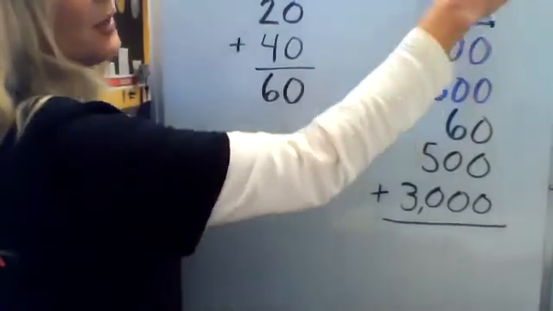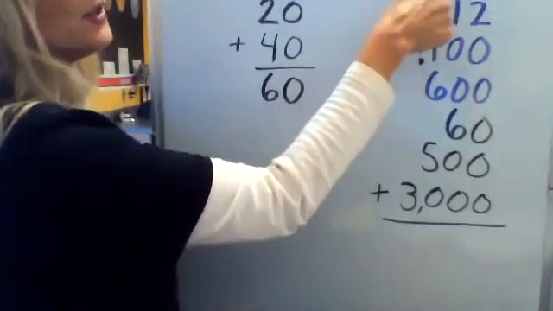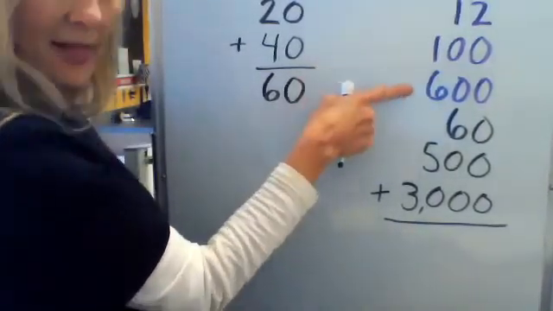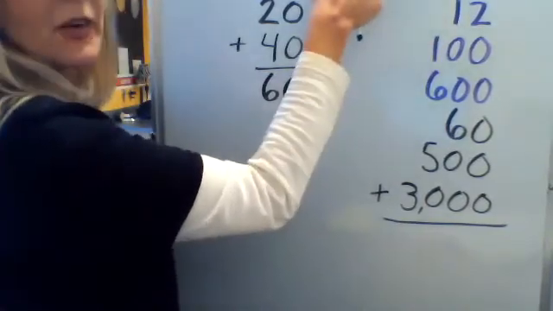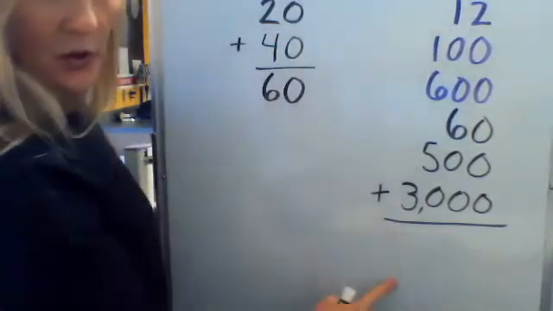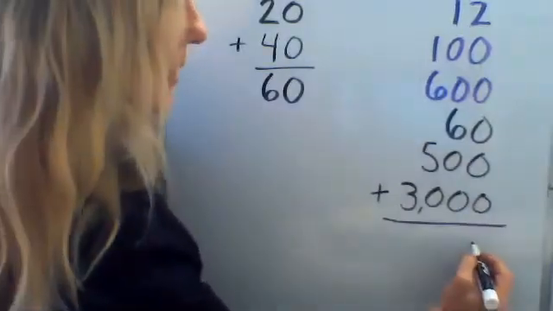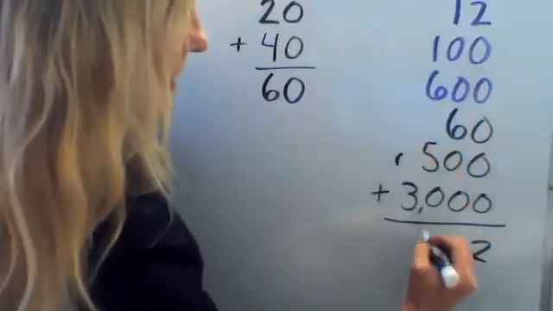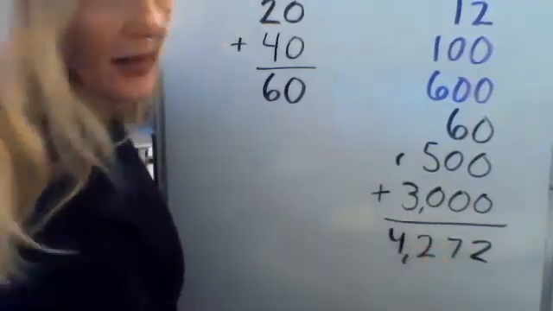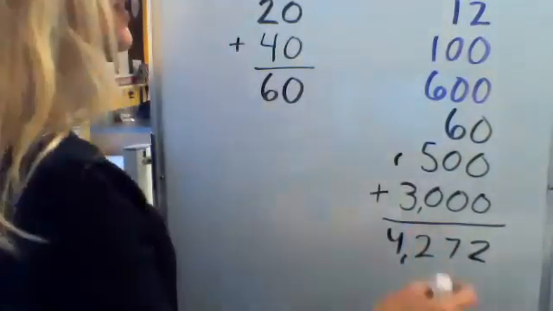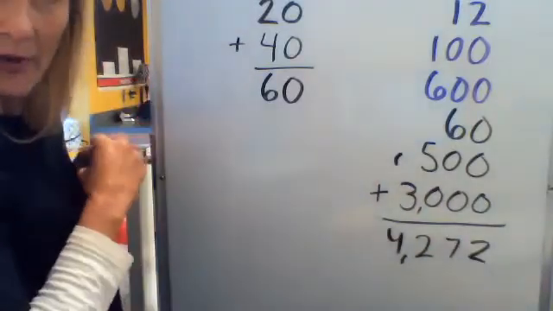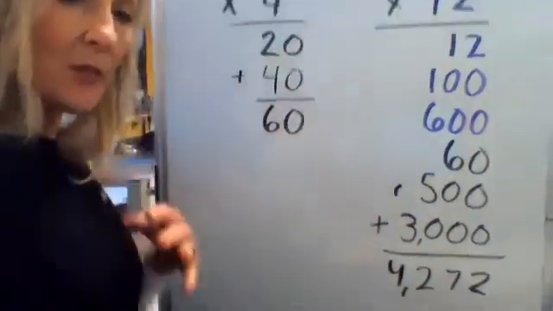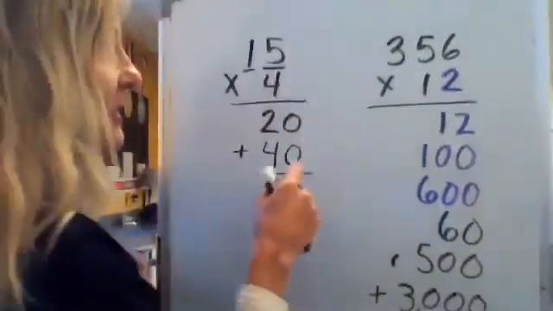That's the product of 2 times 6. That's the product of the factors 2 times 50. That's the product of 2 groups of 300, and so on. So you have your partial products, and then you add them all up, and you'll end up with your final product. 4,272.